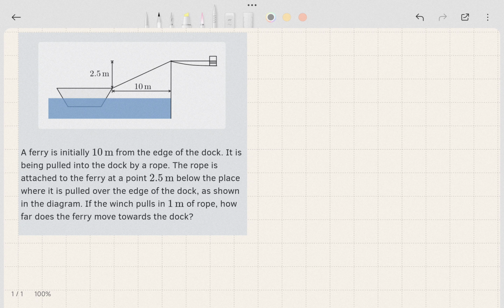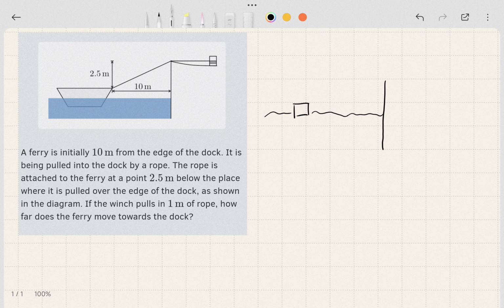Okay, so let's draw a quick sketch of the diagram and then analyze the forces involved in this question. Instead of drawing a boat, let's just say this object is the boat. This is the water, this is the wall.